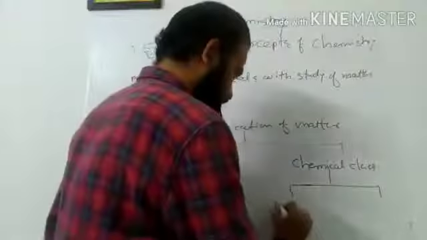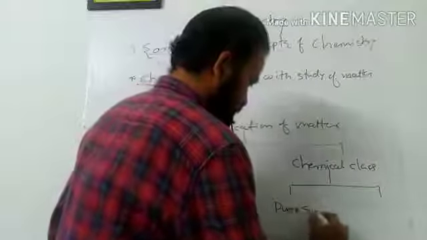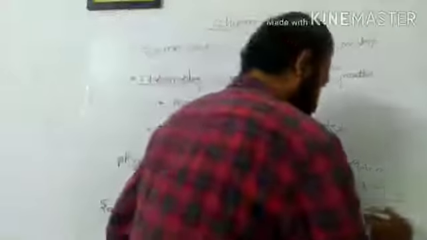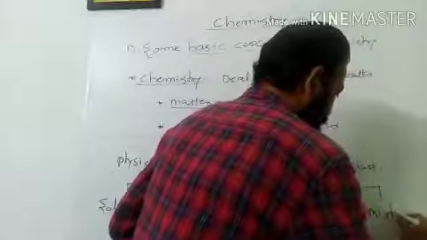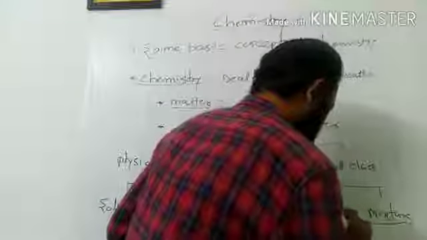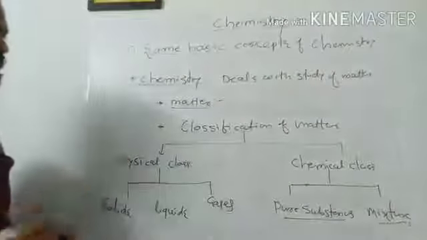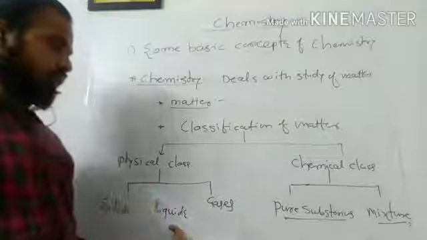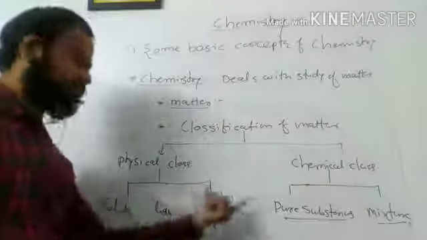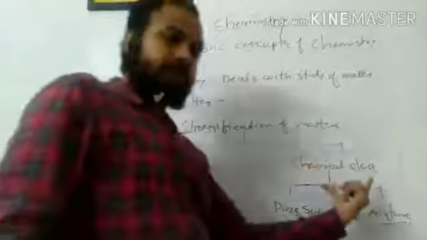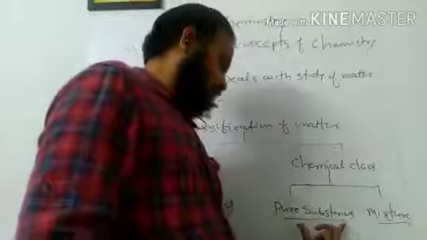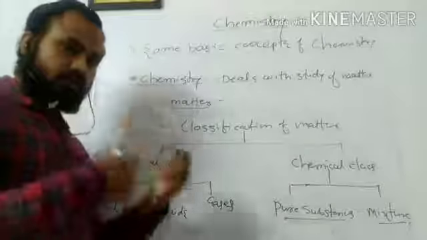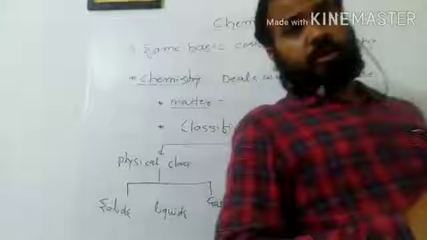The first one is pure substances and the second one is mixtures. Now we will see this classification in detail: what exactly solids are, what the various properties of solids are, how we identify them, and what the difference between them is. Then we will discuss the chemical classification in detail, that is, how pure substances get classified.